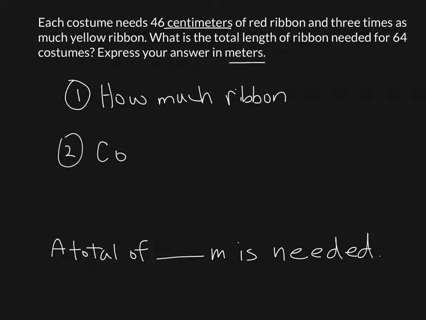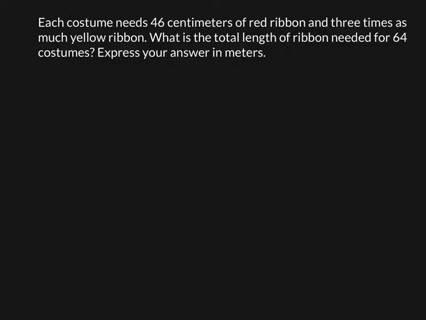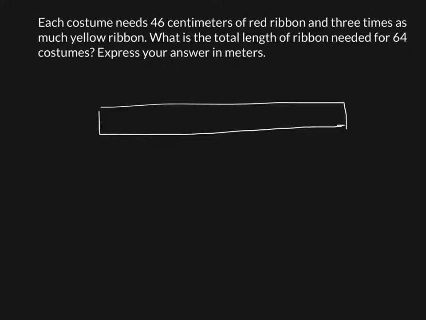So my second step will be convert to meters. To help me visualize the problem, I'm going to make a tape diagram, and the total is what I want to know.